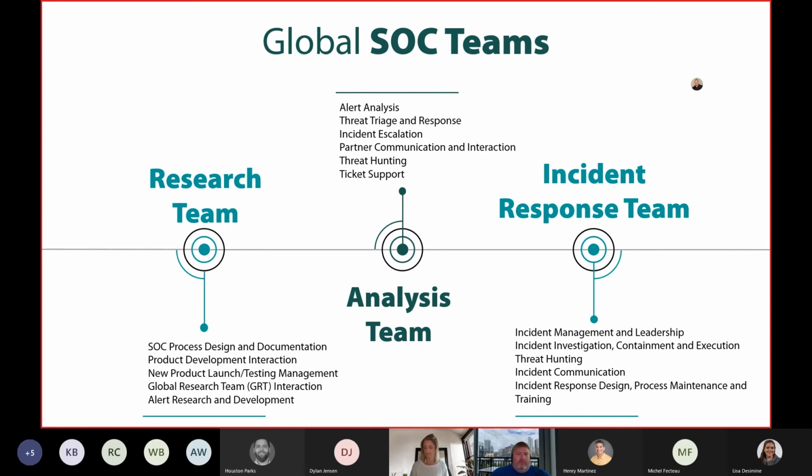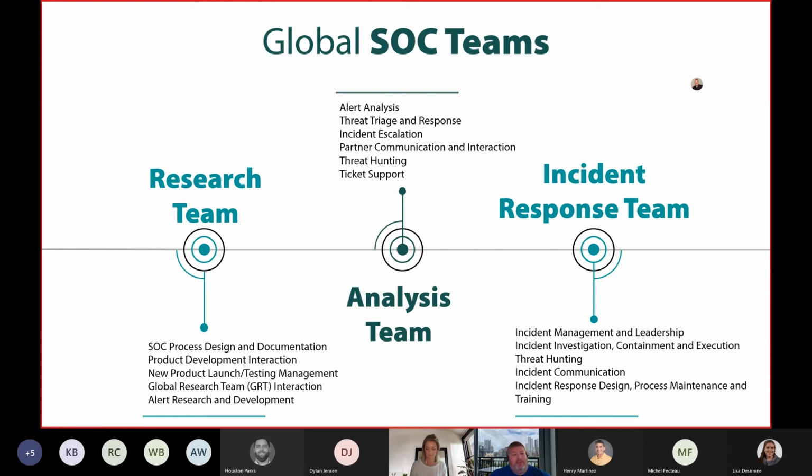So, kind of straightforward what each of those do, but we're constantly looking to see what's going on out there in the cyber industry. I think Houston's going to give an example of a recent attack with Hafnium.